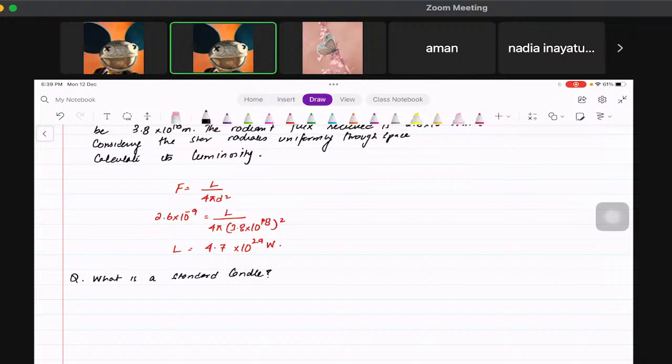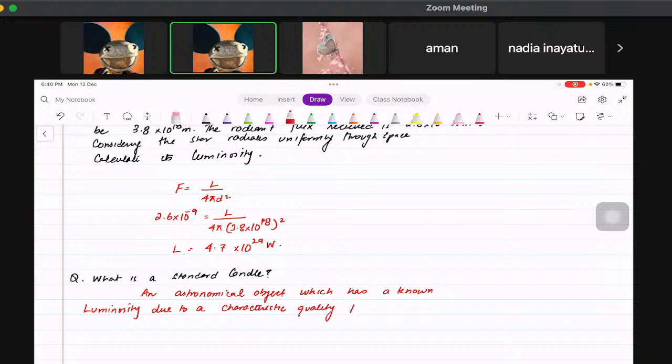Now, a standard candle is defined as an astronomical object which has a known luminosity due to a characteristic quality possessed, it needs to have double S, possessed by that class of object.